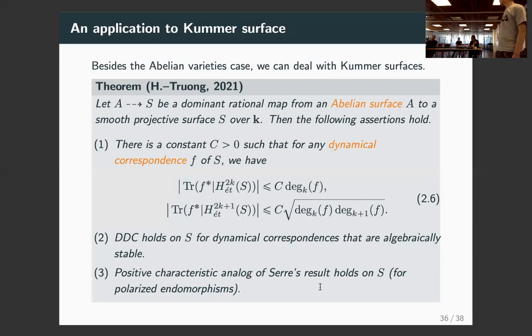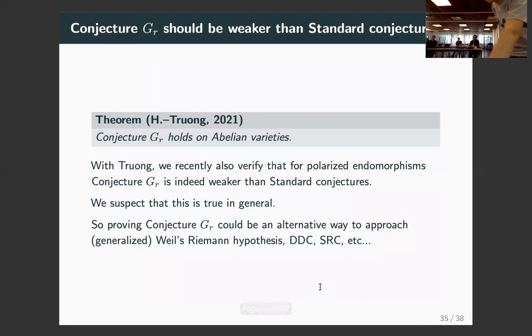Yes, if you scroll back one. Here. When you say that conjecture GR is weaker than standard conjectures, which standard conjectures? Oh, here. We can show that for polarized endomorphisms, the standard conjectures imply this conjecture GR: the full standard conjecture, positive type and Lefschetz type, can imply conjecture GR for polarized endomorphisms.